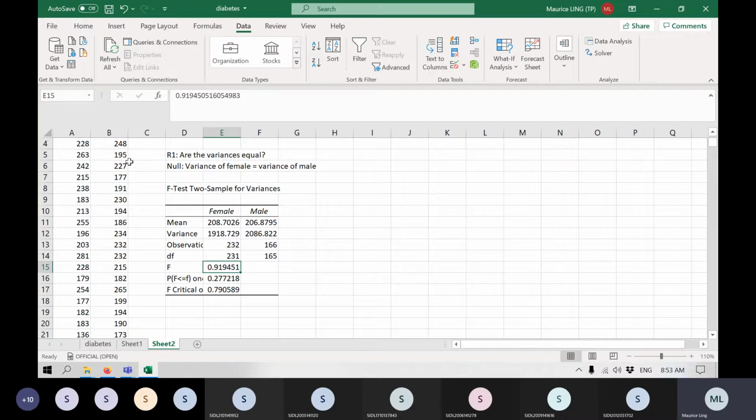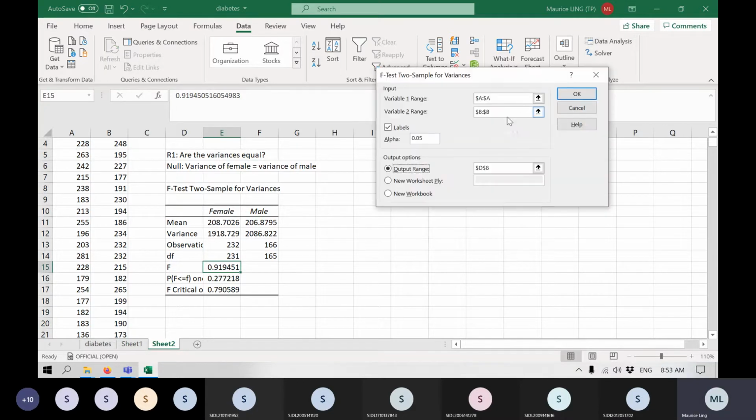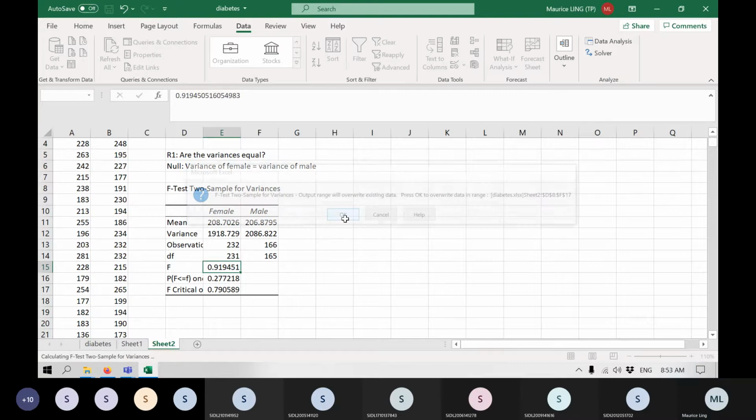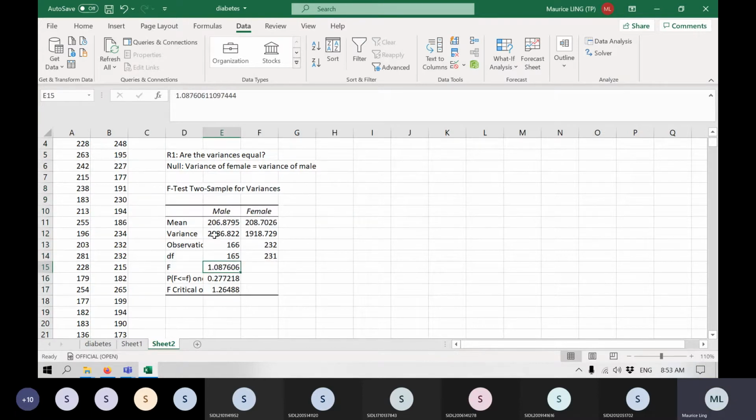So I should flip the male and female. Let's do that. I'm just reversing it, flipping the numerator and denominator. So now it's actually this divided by this to give you this.